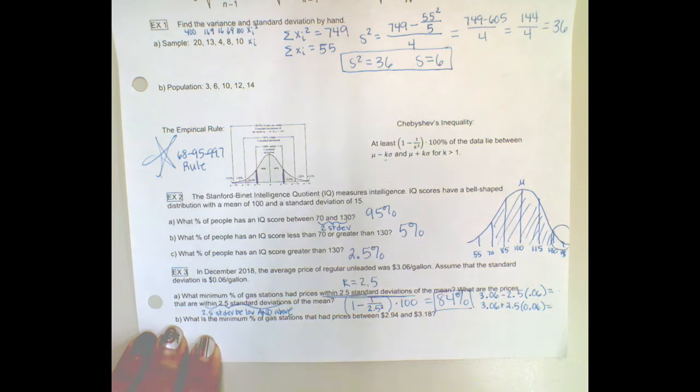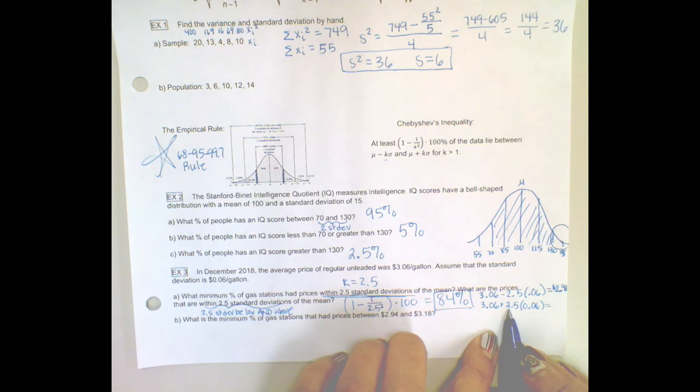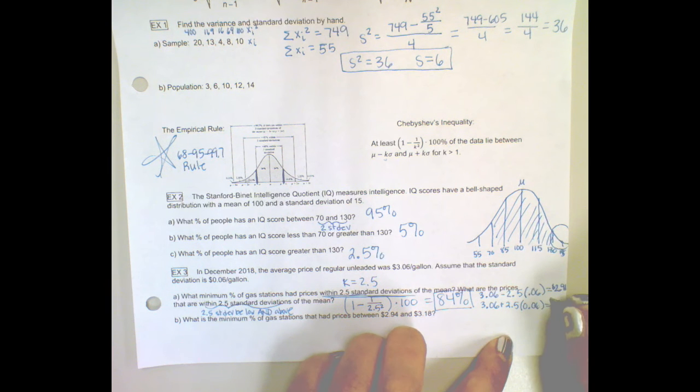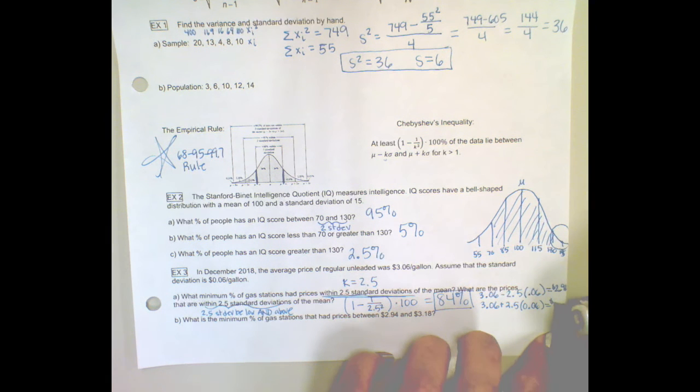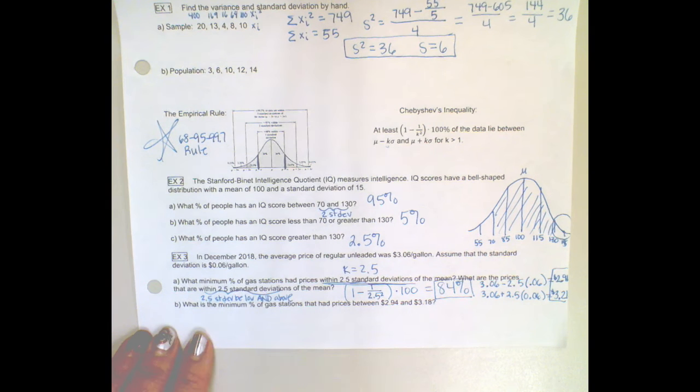That gives me $2.91. I'm rounding to the nearest hundredth because we're talking about money. 2.5 standard deviations above the mean, so 2.5 times 0.06, adding that to 3.06, in dollars and cents is $3.21. So this would be the second answer to my question there.